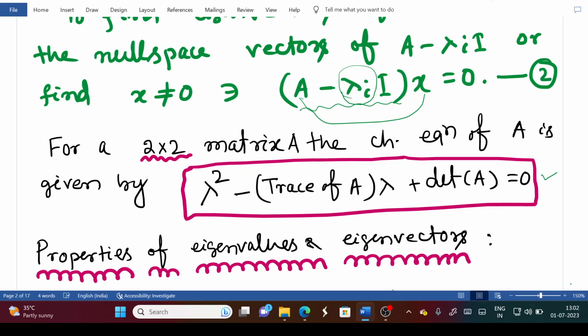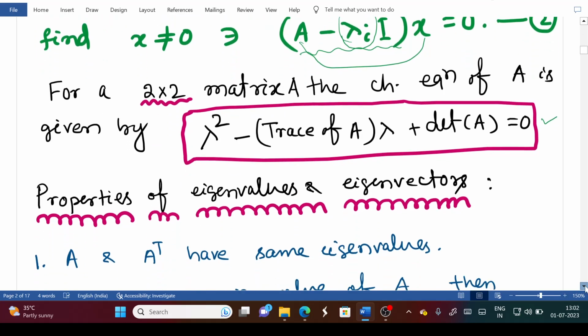Here trace of A means the sum of the principal diagonal elements of A. We add the principal diagonal elements, negate it, multiply it with lambda, and substitute the determinant of A to get the characteristic equation. Its roots are the eigenvalues of a 2 cross 2 matrix.